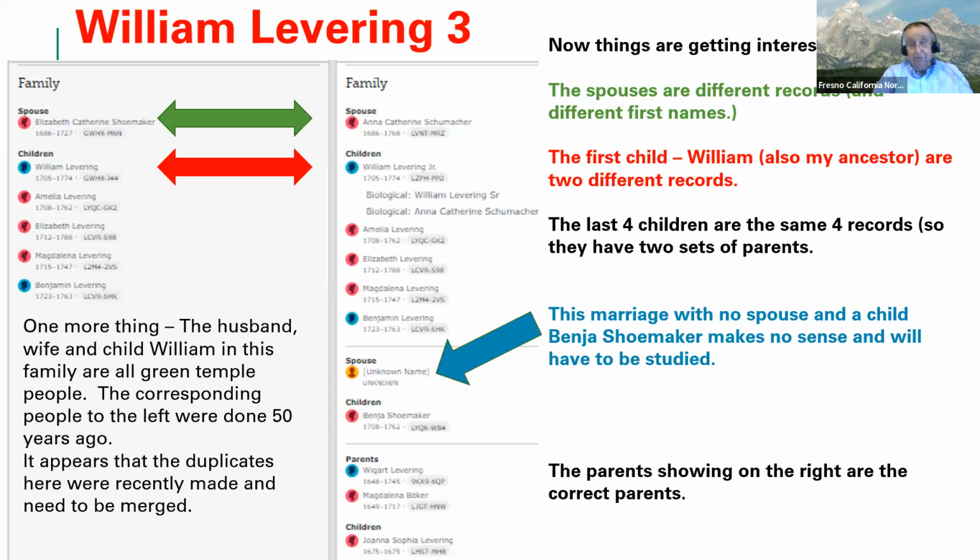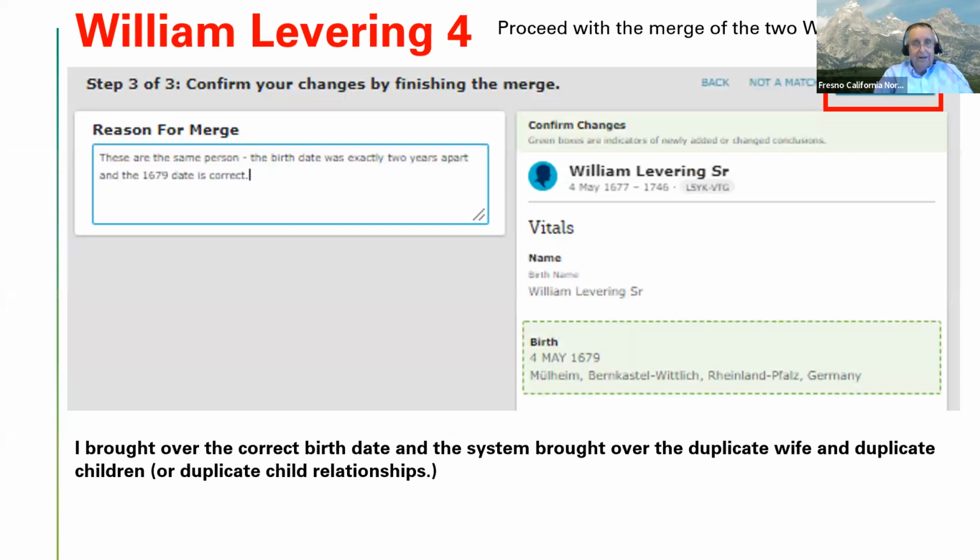And then here's our missing parents. So I say a lot of times you'll find the missing parents when you go in and merge people in. And so for William, I said, these are the same person. The birth dates were exactly 2 years apart, and 79 is the correct date. And you can see that I had brought over the 1679.